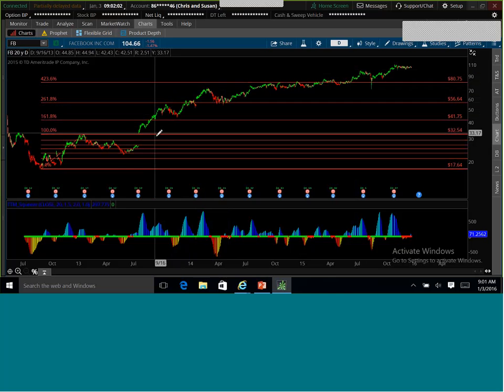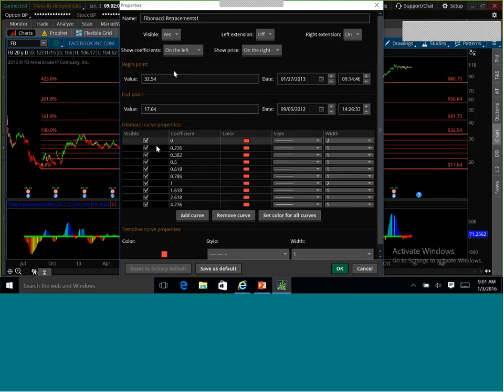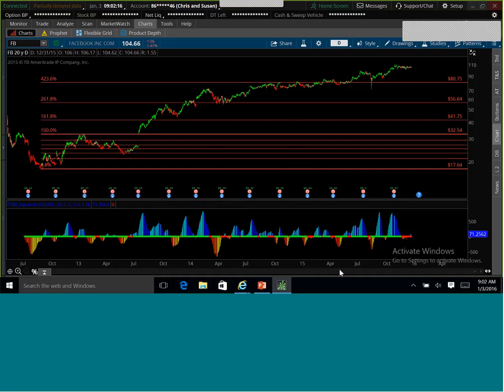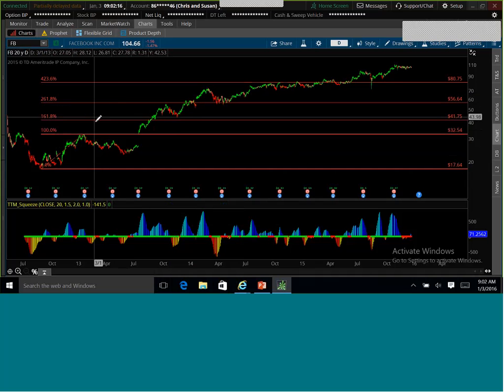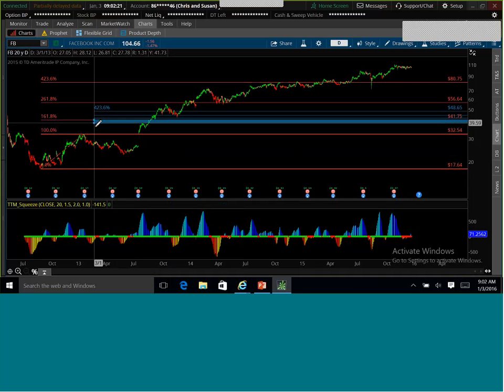So once you've drawn the initial lines, you go into the properties of the drawing, and you're going to uncheck all the boxes except for the 0, the 1.0, 1.61, 2.61, and 4. I'm going to leave those at red color. Next, you're going to subdivide each one of the remaining regions, starting between 161 and 100.